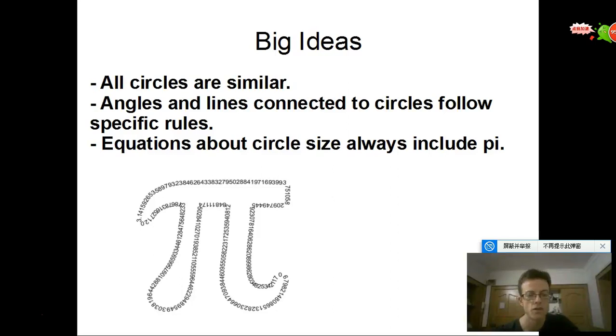Number 3, equations about circle size always include pi. Anyone who works with math pretty much always loves pi. This is pi, the letter pi made from the digits of pi. Do you know who decided that it was going to be pi? Originally pi just stood for periphery, the Greek word sounding like periphery, which means circumference of a circle. Mathematicians used pi divided by delta to mean periphery divided by the diameter.